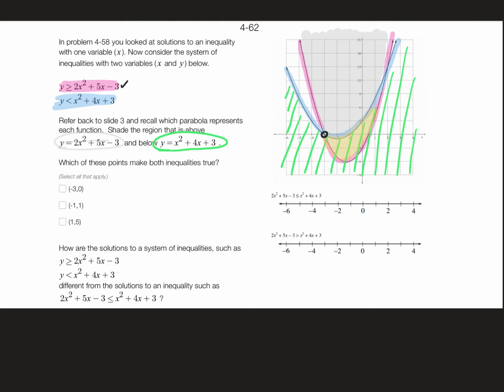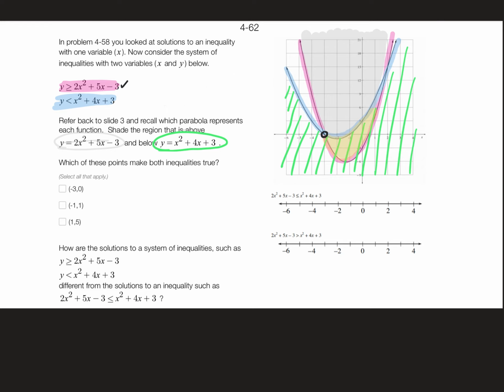Watch, if I plug in 0 for y and negative 3 for x, I'm going to get 0 is greater than or equal to 18 minus 15 minus 3. So 0 is greater than or equal to 0. That's a true statement. 0 is equal to 0. So I know that it works for the pink graph.